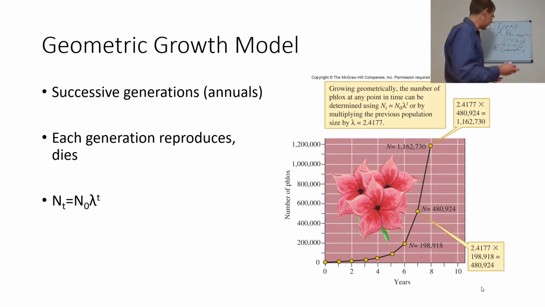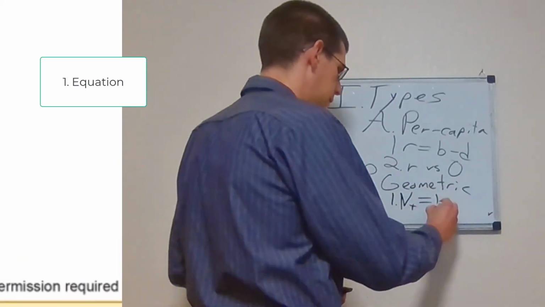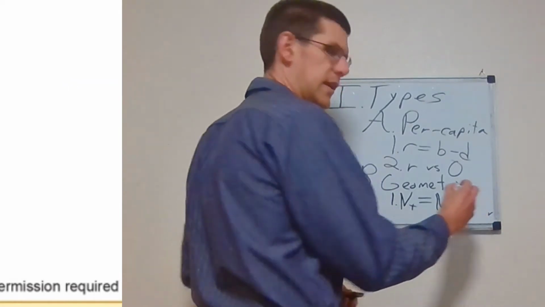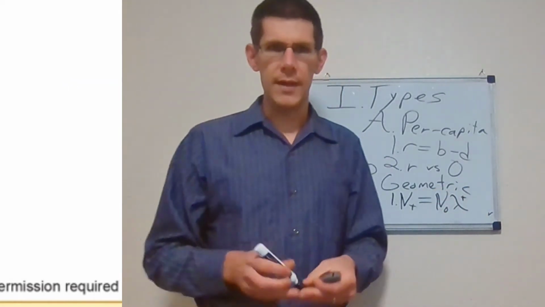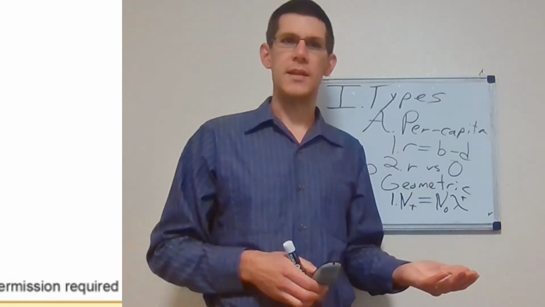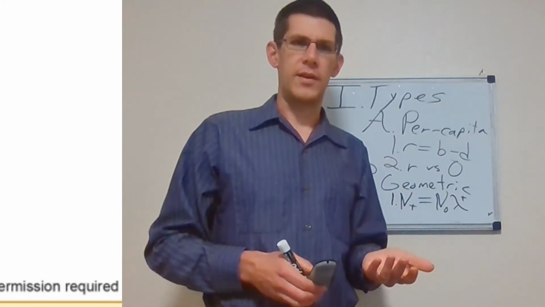So we're going to calculate that as N sub t is equal to N sub 0 lambda to the t. Okay, N sub t is your population at time t. N sub 0 is your population when you started.